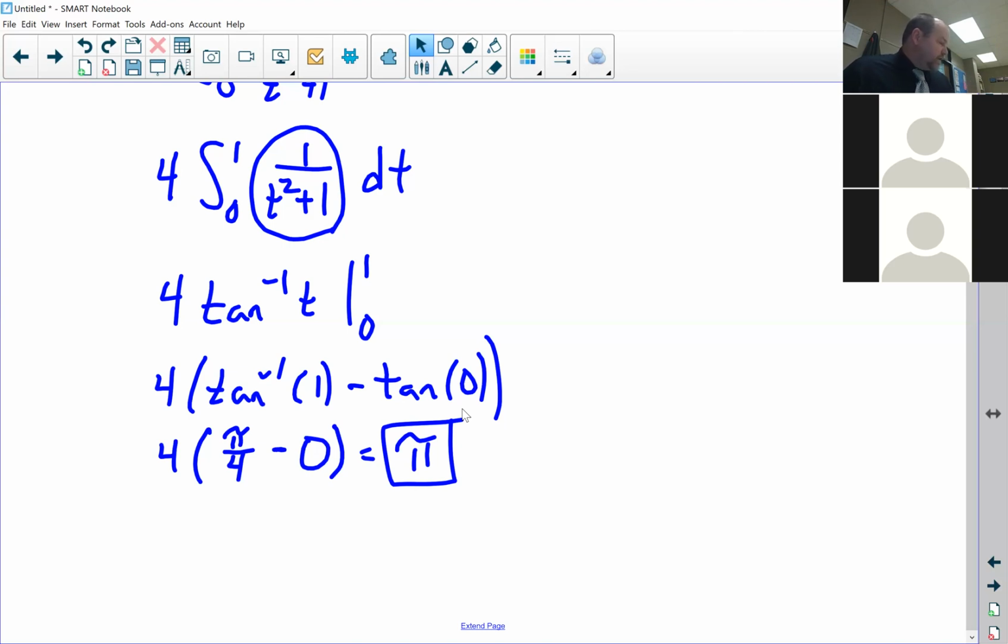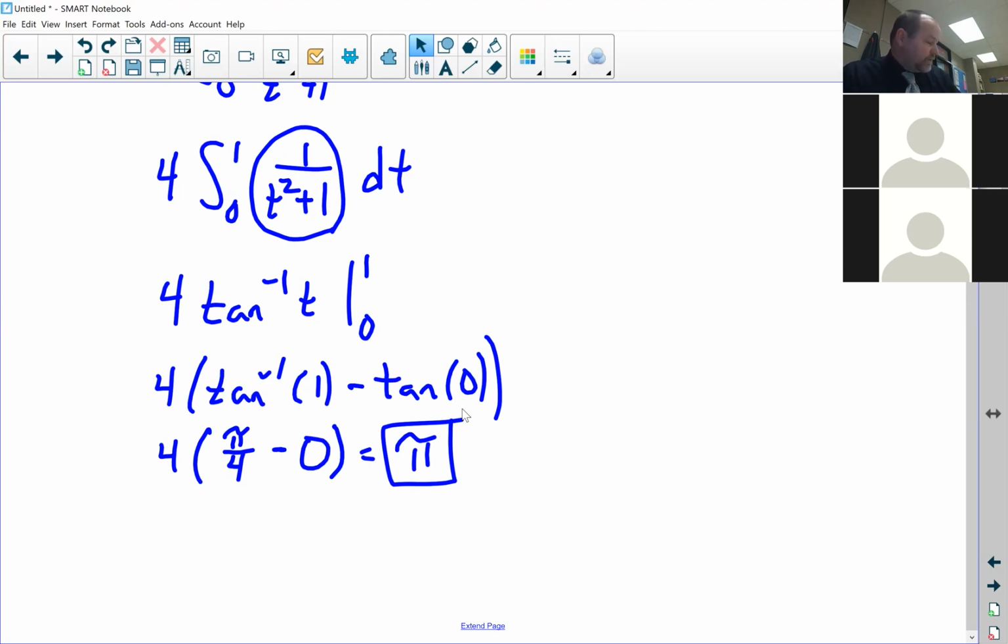And just as a reminder, on page 358, there is that list of integrals that we will definitely want to make sure we have memorized.